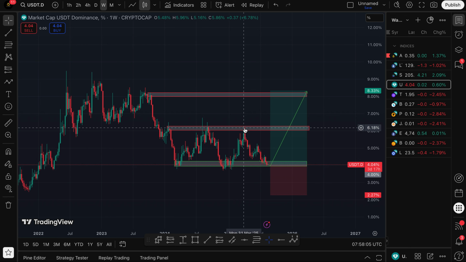This move is going to cause a lot of dumps in the crypto markets. This is so because you need to understand the relationship between USDT.D and BTC. USDT.D, as the name implies, is USDT dominance. It shows you when USDT is gaining strength and when USDT is losing strength.